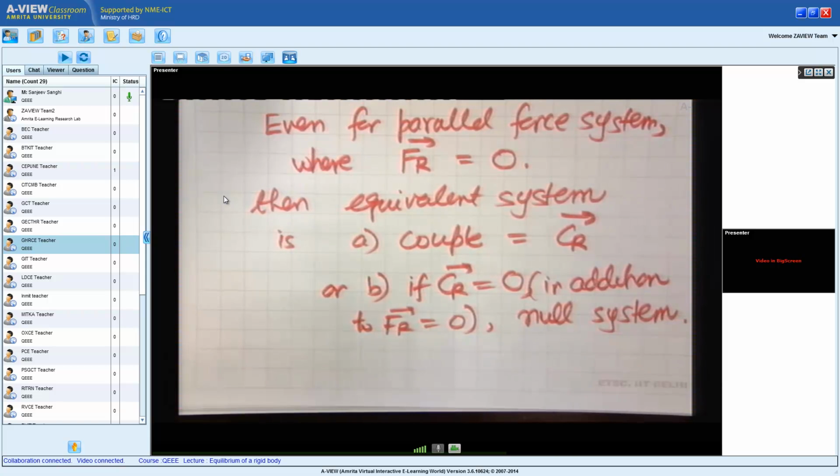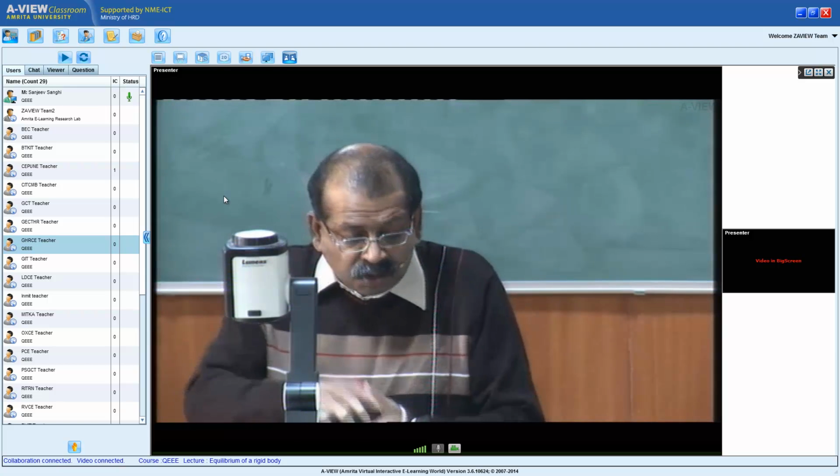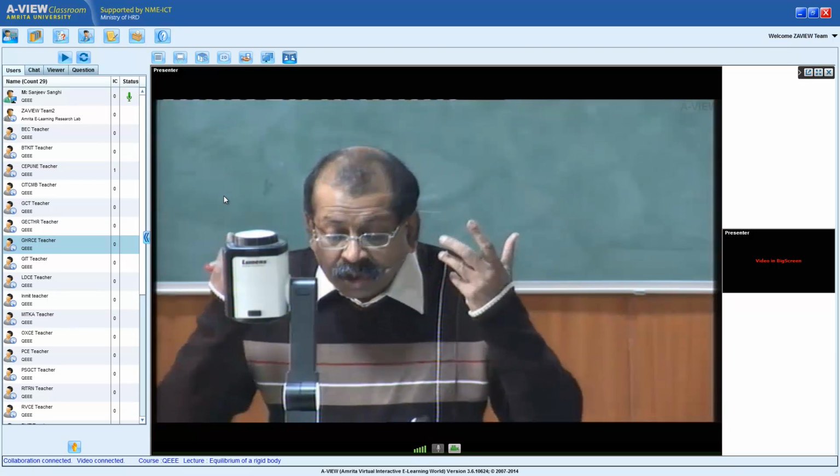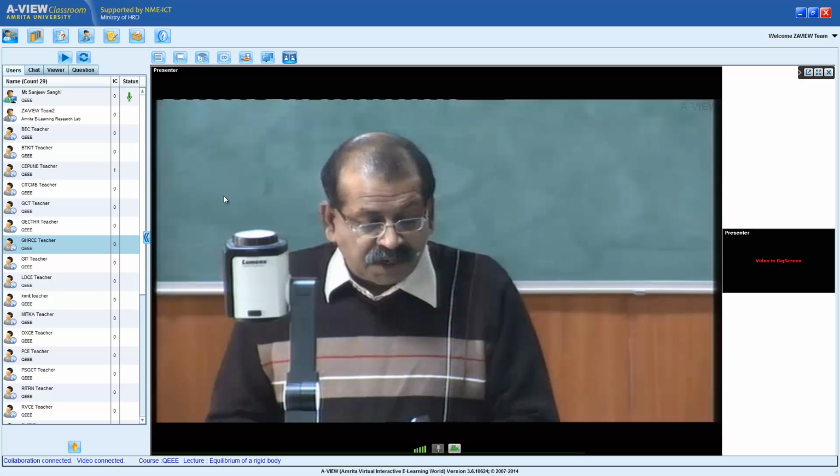That is, effectively there is no effect of this force system on the body, there is no couple, all the couples are cancelling out, all the forces are cancelling out. That means all these forces will cause no effect on the rigid body considered as a whole.